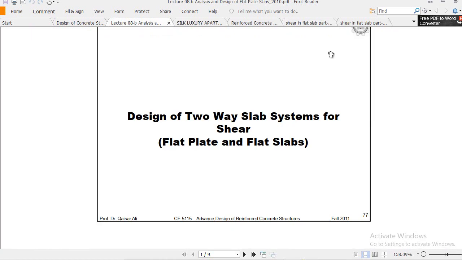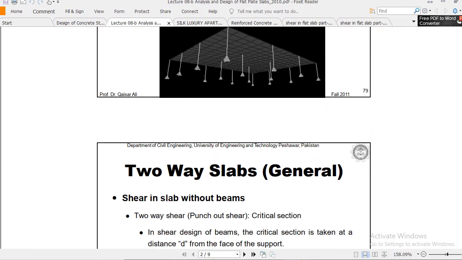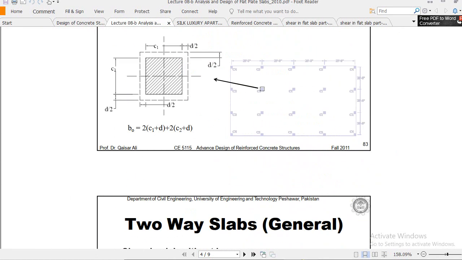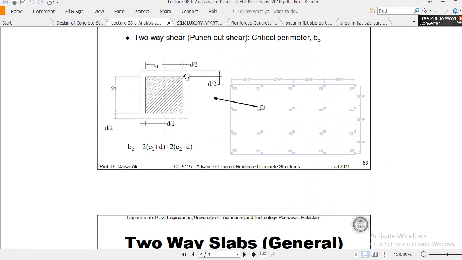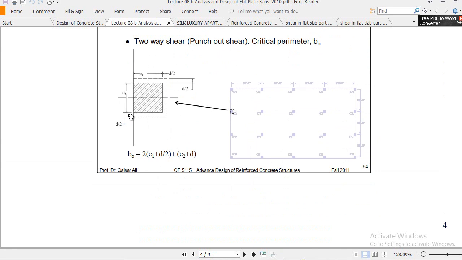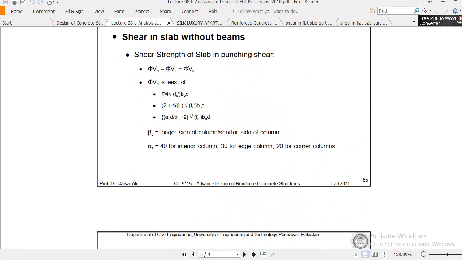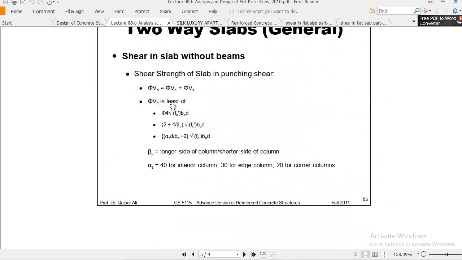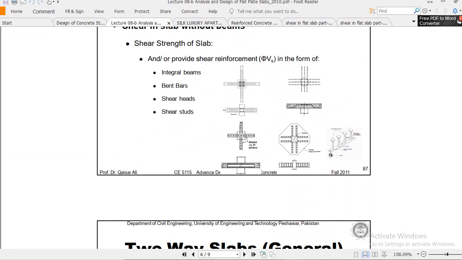In those lectures I thoroughly explained what punching shear is, how to calculate the critical section or critical perimeter, how to calculate the tributary area, and similarly for edge columns and corner columns, and what the governing equations for punching shear are. I also explained the different options when punching shear governs: integral beams, bent-up bars, shear heads, and shear studs.